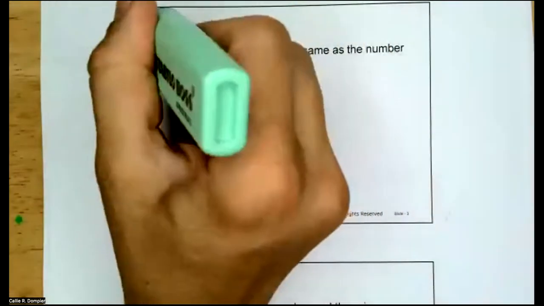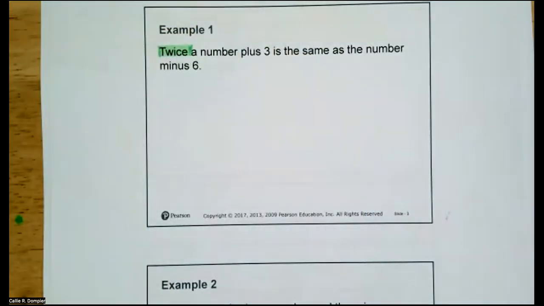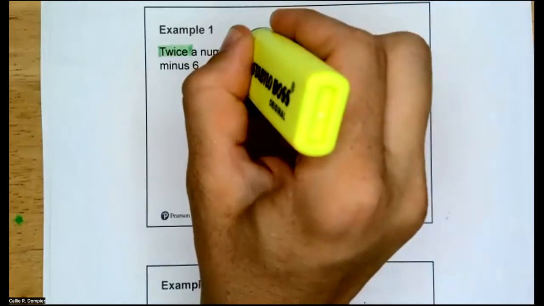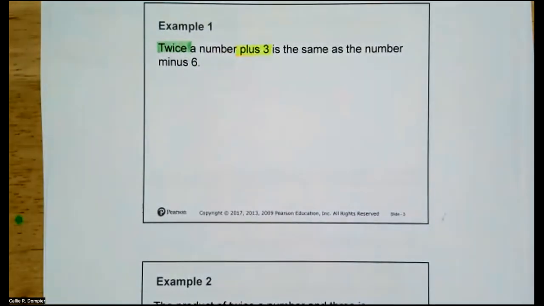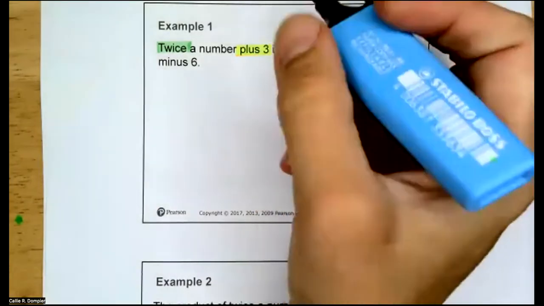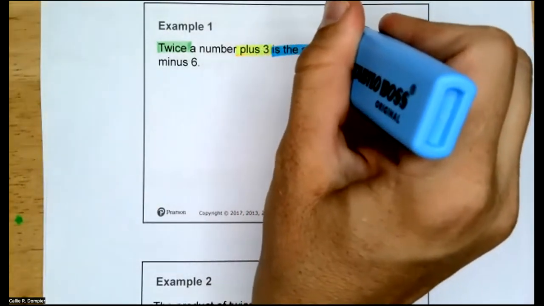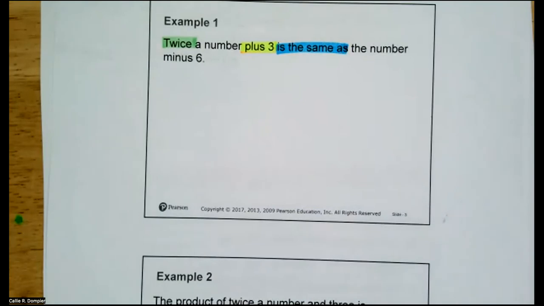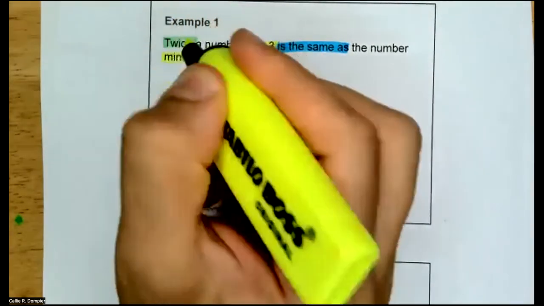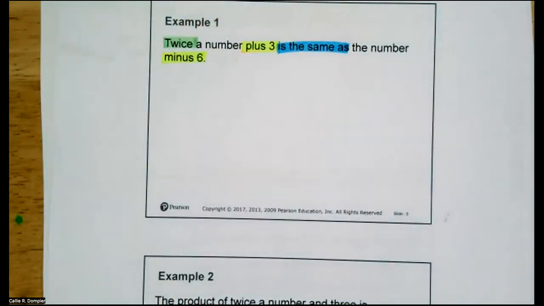We have twice a number plus 3. I'm going to put the plus and the 3 together because we're adding 3 to it, is the same as the number minus 6. Okay. Plus 3 and minus 6 will make the same color because they're just addition and subtraction, right? Now, a number and the number.